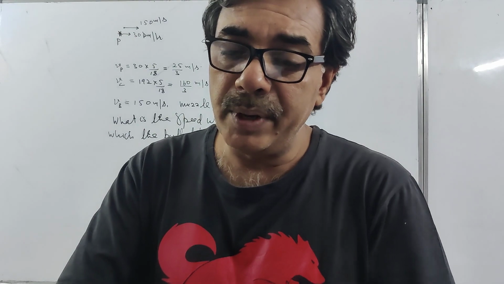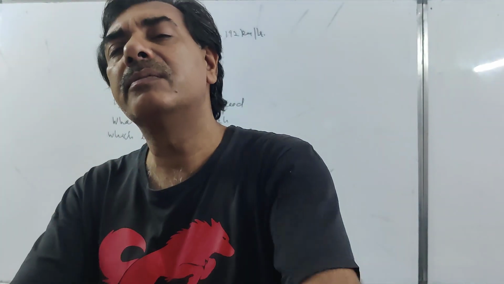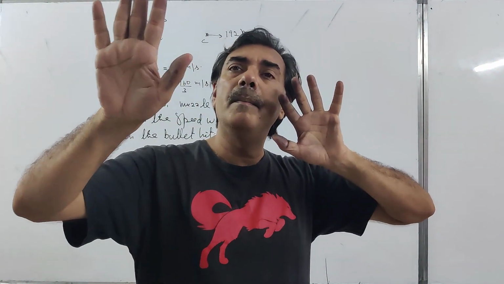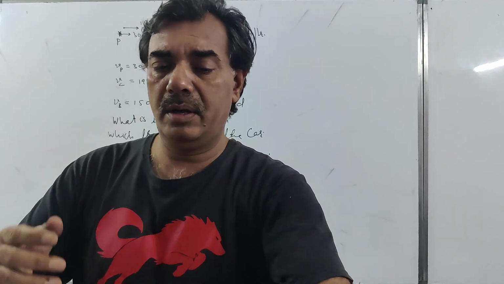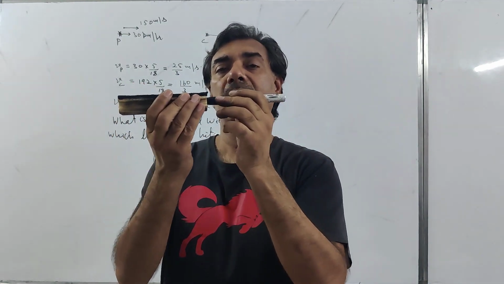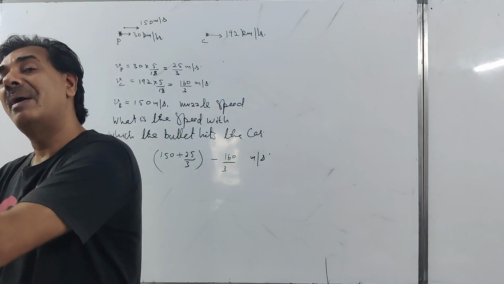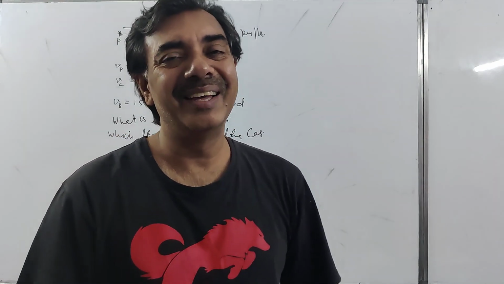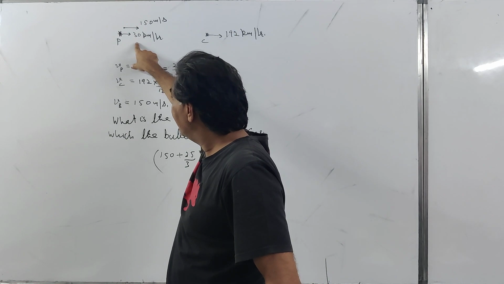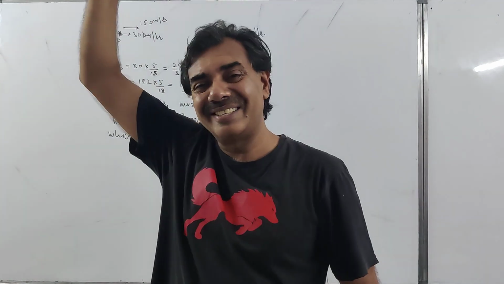First the police car's speed will add to the bullet's speed. Now this is the bullet, this is the car. Suppose the bullet's speed is x and this is y, so this will come and hit it with x minus y. Two objects moving in the same direction. Moving on a moving object, add or subtract with respect to it.